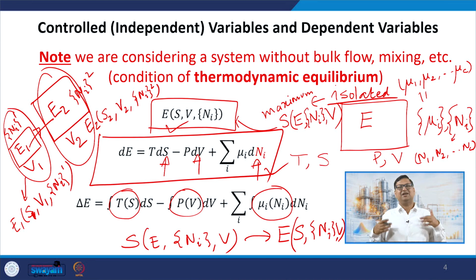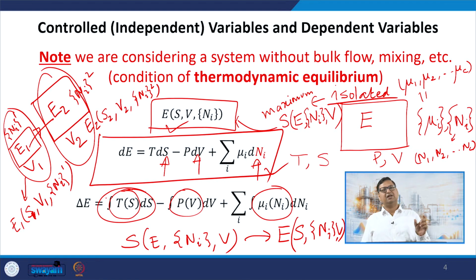Entropy becomes the independent variable and temperature becomes the dependent variable. So, I am trying to find temperature as a function of entropy, and now I can extend it to a large number of experiments for a large number of isolated systems that I can prepare, and I will get temperature as a function of entropy. And this, if I integrate, I get the thermal energy contribution of delta E.